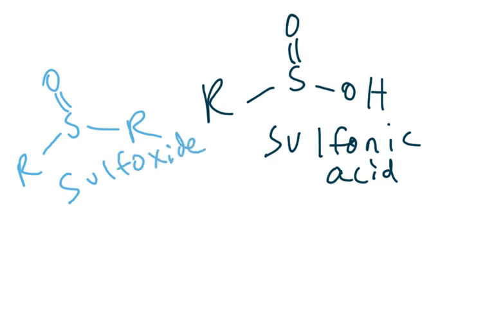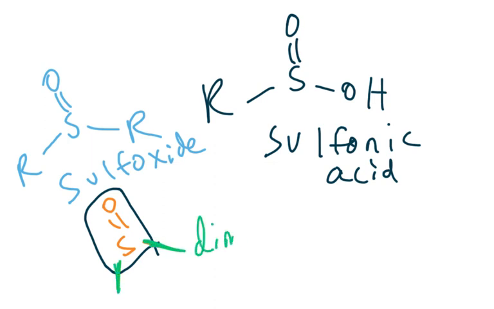We may encounter this as an example. This would be dimethyl sulfoxide, because this part right here makes the sulfoxide functional group, and then you have two methyls coming off the sulfur, so that would be dimethyl sulfoxide.